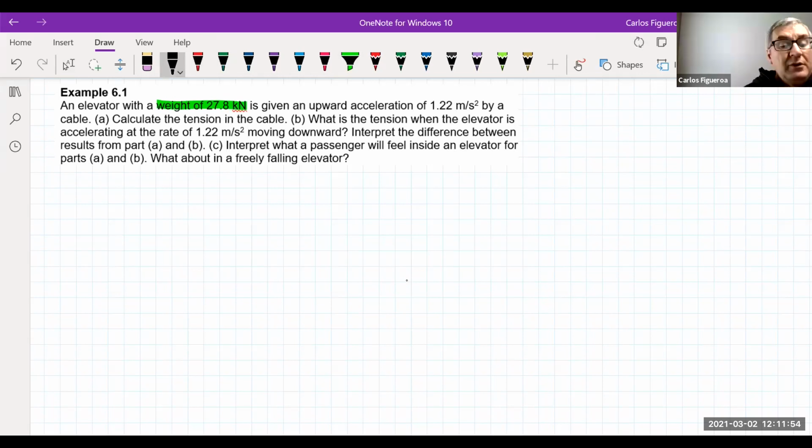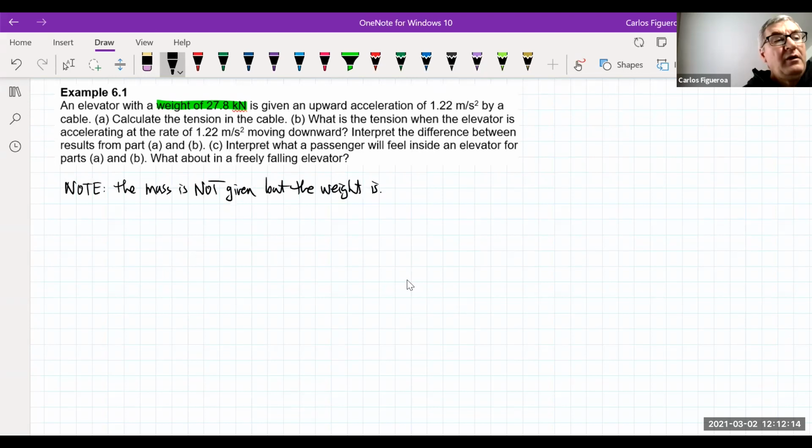In other words, note the mass is not given, but the weight is. Remember, we do not use weight in Newton's laws.